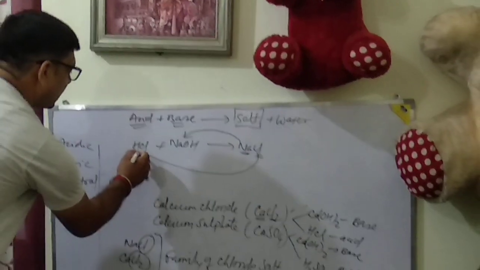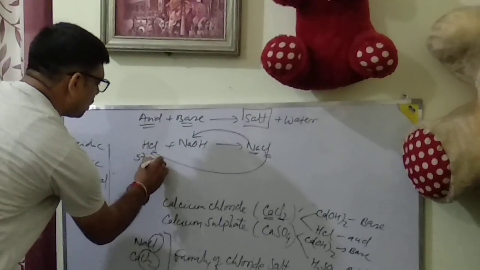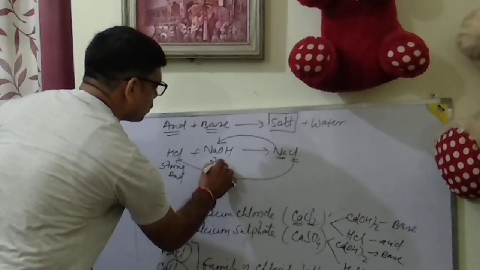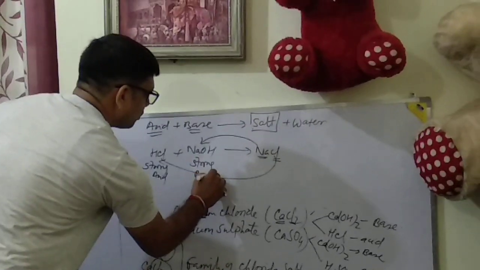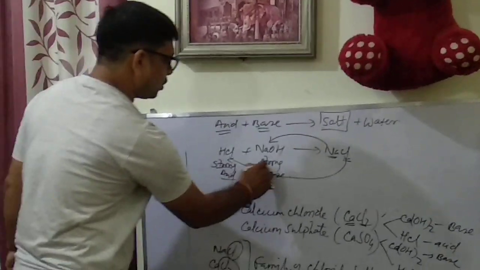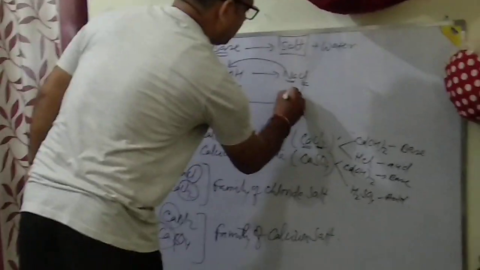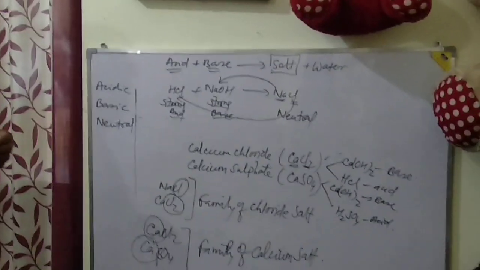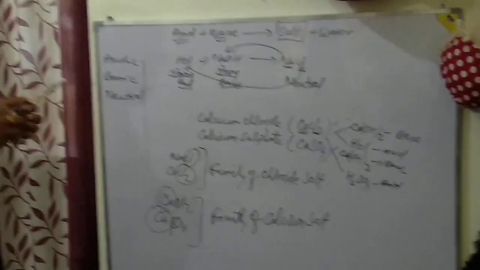Now we know that HCl is a strong acid and NaOH is a strong base. So when a strong acid reacts with a strong base, the salt will be neutral.